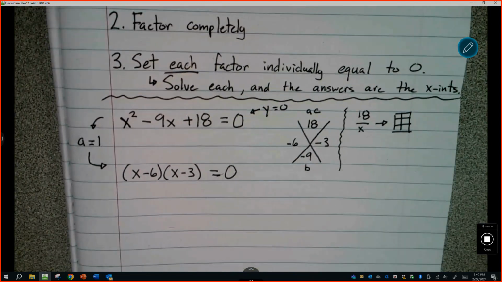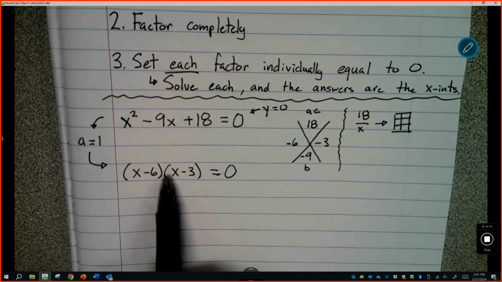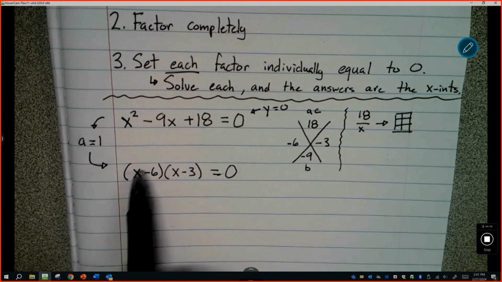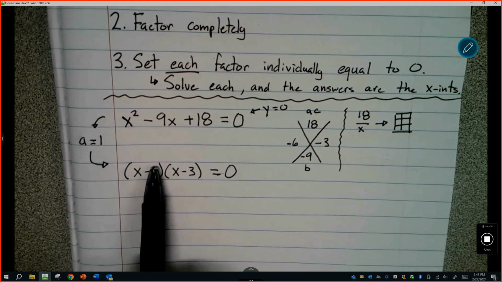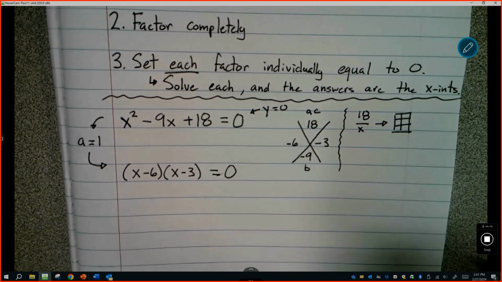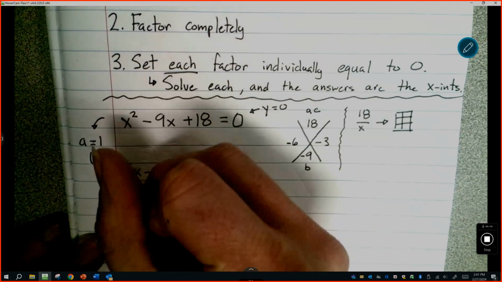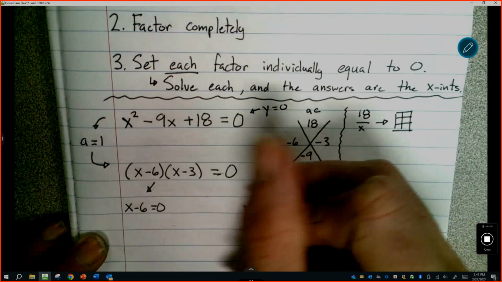So now remember, the reason why we factored is so it's easier to see how can this piece equal 0 and how can this piece equal 0. Because if either one of them take on the value of 0, then the whole left side is going to multiply out to 0, because it only takes one 0 as a factor for everything to multiply to 0. And the easiest way to find those numbers is to set each factor individually equal to 0.